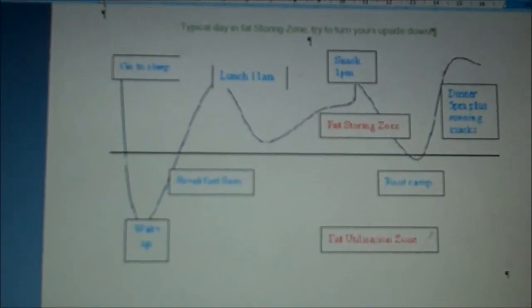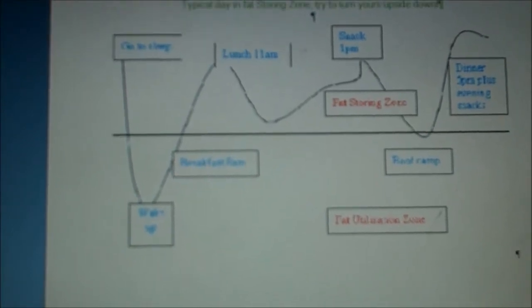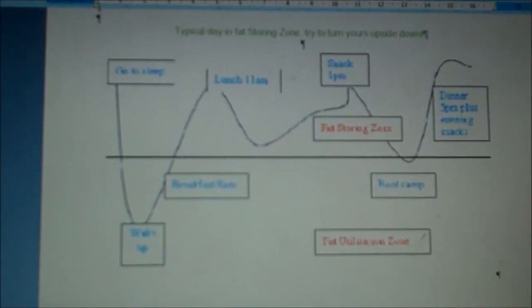So when we're sleeping, towards the morning time, we'll be in our fat utilisation zone, which is fantastic. So when we wake up, we're probably burning fat. How much fat we're burning depends on how much sugar we've had before we've gone to sleep.